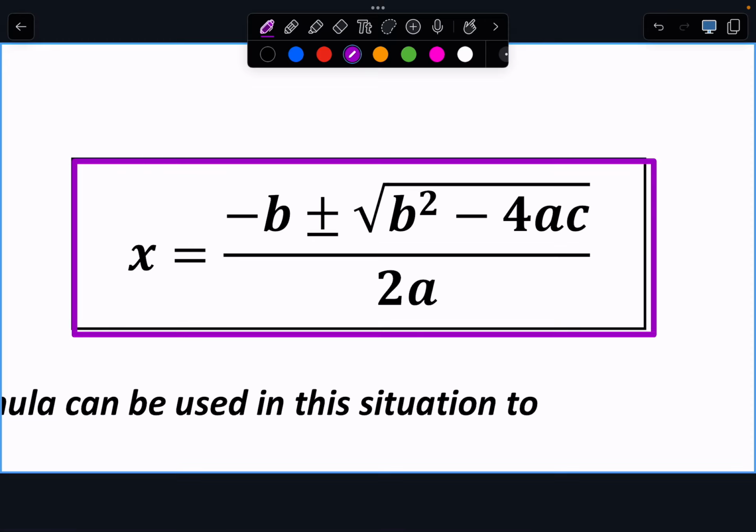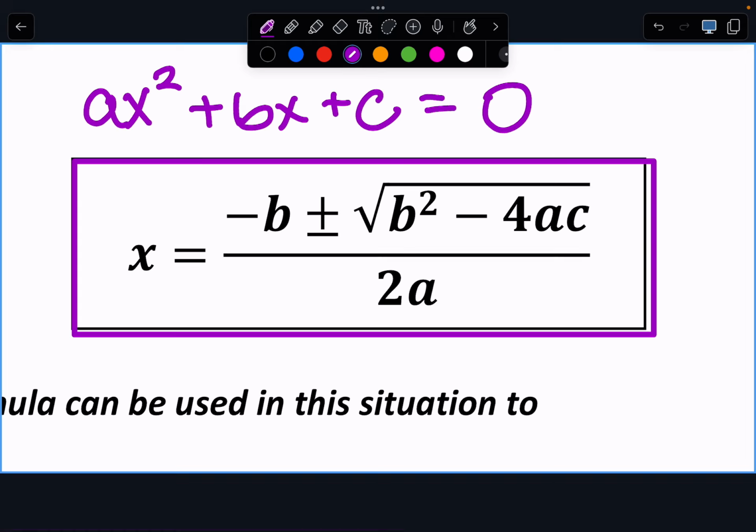If ax squared plus bx plus c equals 0, then the quadratic formula is this. I'm going to read it to you. Our solution, x, is negative b plus or minus the square root of b squared minus 4ac all over 2a.